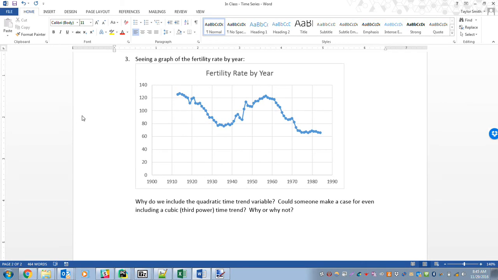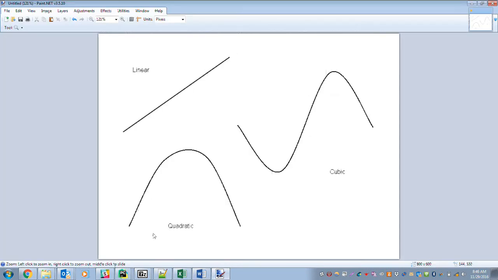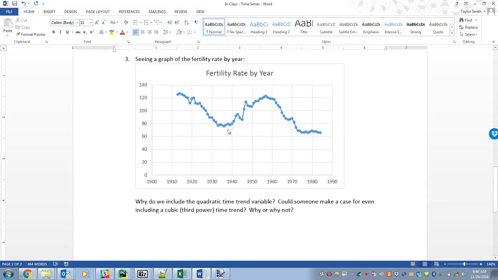Now, if we did a quadratic trend, what that allows us to do is fit basically a hill or a U shape to this. In this particular case, that does okay, right? Because we see over here we have a U shape, right here we have a U shape, but that's not going to be great. It might be better than linear, but it's not going to be perfect because it's not just a U-shaped graph here.